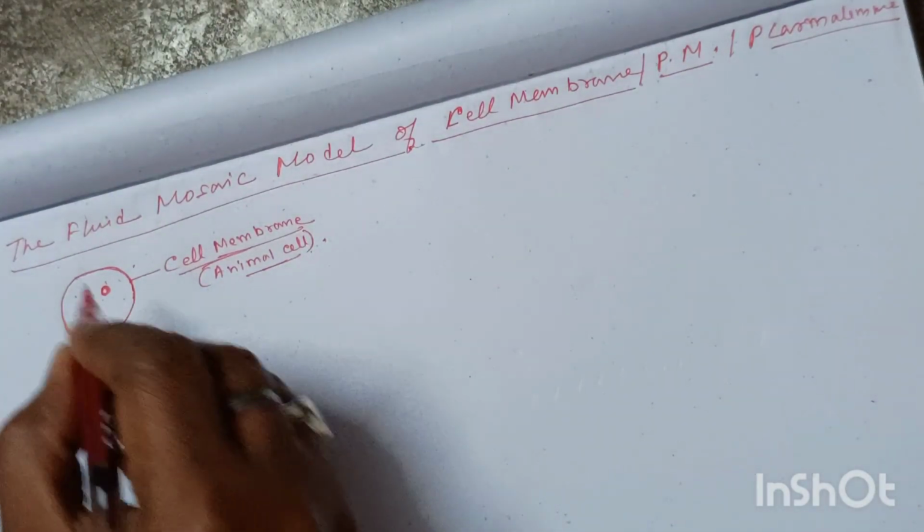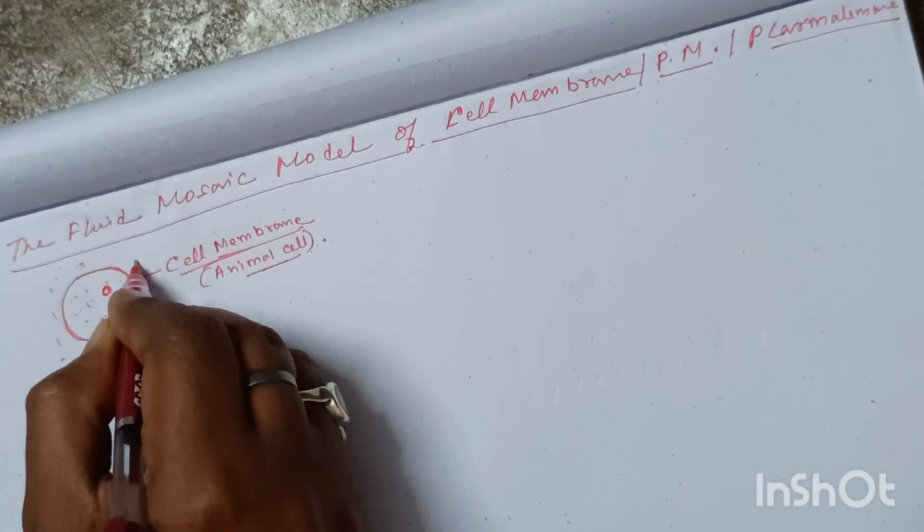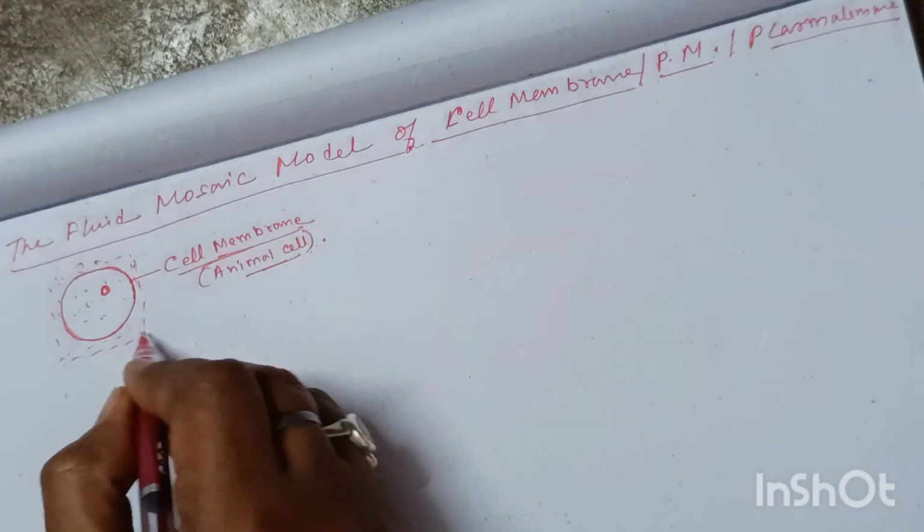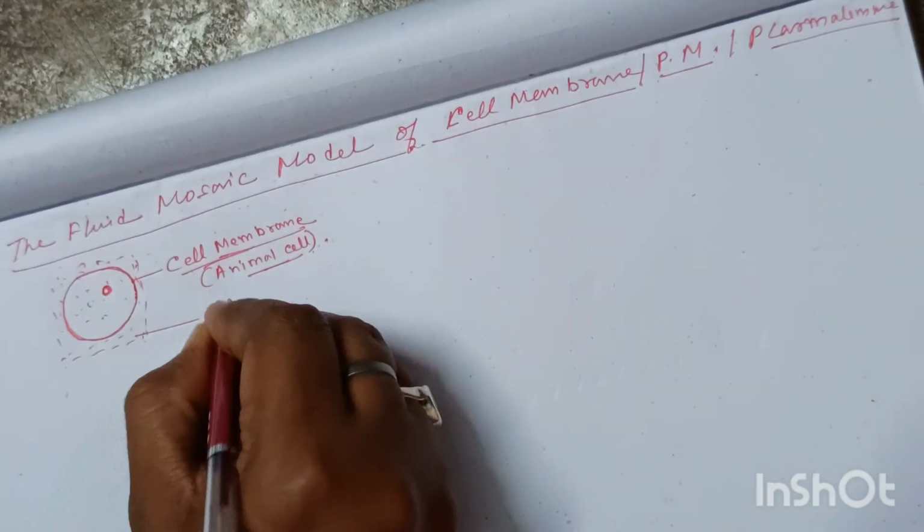But if we consider a plant cell or a bacterial cell, they have a cell wall.